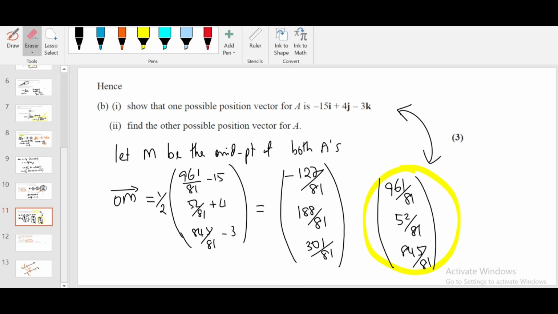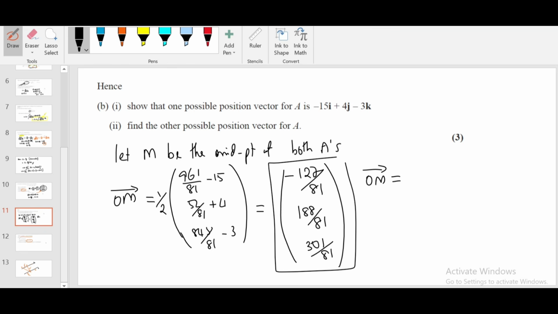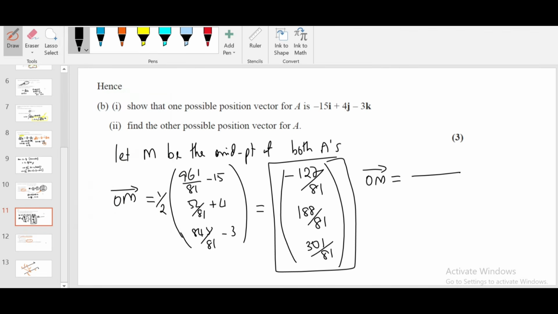To find the length of OM, we are going to find the modulus of OM now. The modulus of this vector is the square root of, let me put everything in the calculator. All the denominators are 81, so let's forget about 81: 127 squared, 188 squared, 301 squared, and then divided by 81.